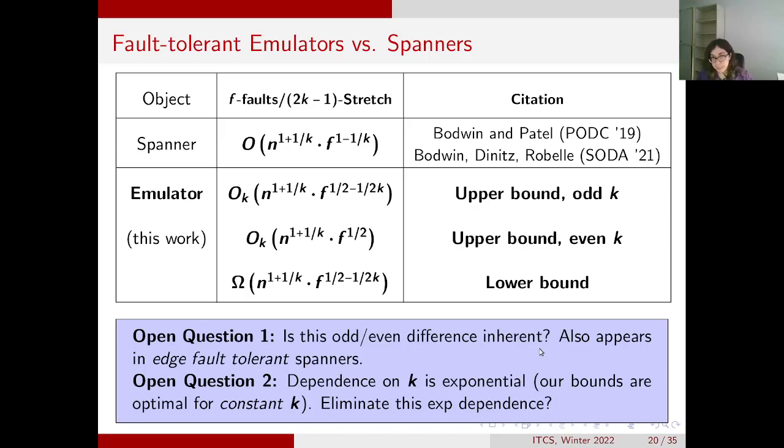And by edge fault-tolerance, as the name suggests, instead of vertices, edges can fail. Another thing to note here is that our goal is to optimize the dependence on f, but in our algorithms, the dependence on k is not great, and in particular, it's exponential in k. So another question is, how can we eliminate this dependence?